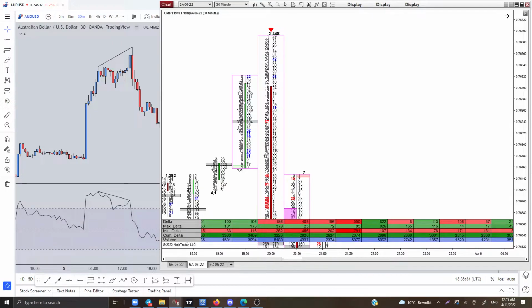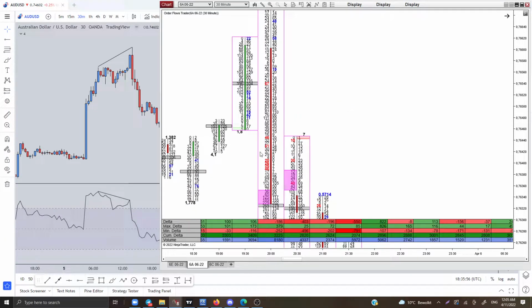At this level we don't see those sell imbalances coming. No, we are not seeing any sell imbalances coming at this candle, so we are waiting for the next candle. On the next candle, yes, again we are seeing the buyers trapped here, 48 contracts, 58 contracts, and see how beautifully the sellers are joining.